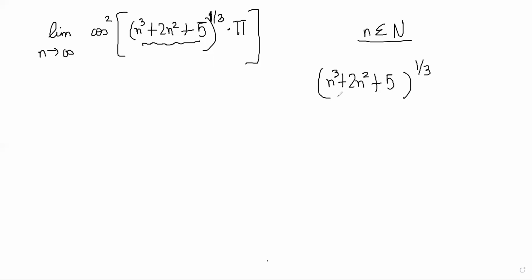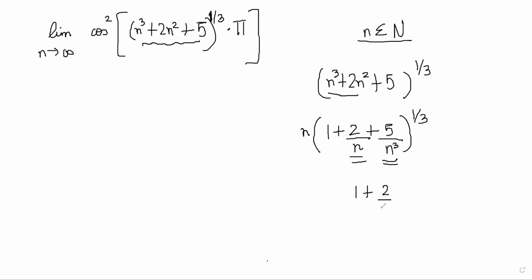Since n is tending to a large value, let's divide by n cube and take n outside. So n outside, you have 1 plus 2 by n plus 5 by n cube. Now I will ignore 5 by n cube compared to this, so it becomes n pi, because n tends to infinity.